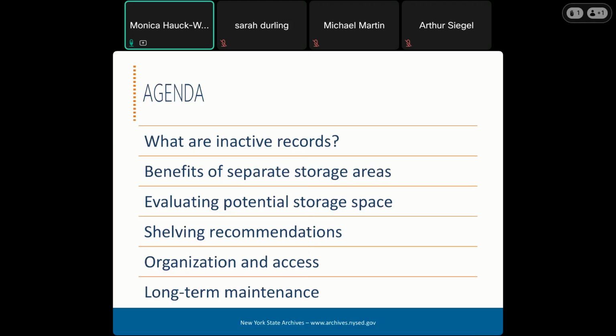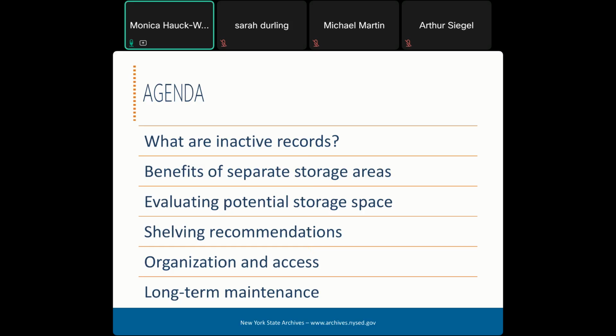We're going to start our session by discussing why you might want to utilize separate storage spaces for your active and inactive records. Next, we'll cover the characteristics of appropriate versus, let's say, questionable record storage spaces, including the types of shelving that you should be using.